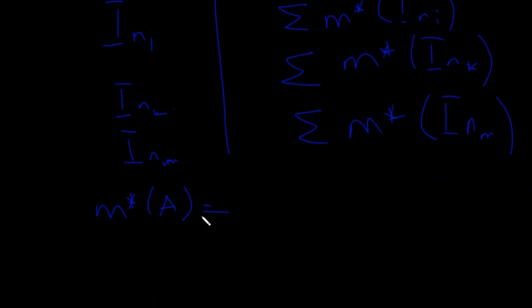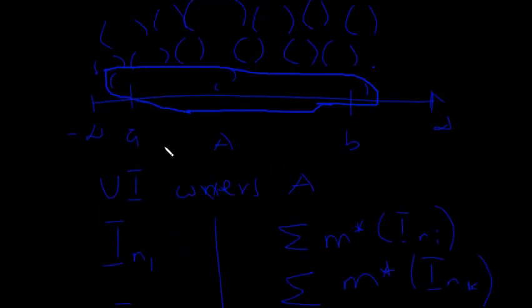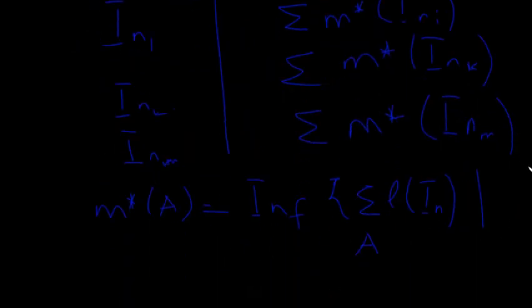What we are actually saying is that this is going to be the infimum, the smallest, of the summations of the lengths or the outer measures of the intervals, given that A, from this definition, should be covered by the union of the I's.